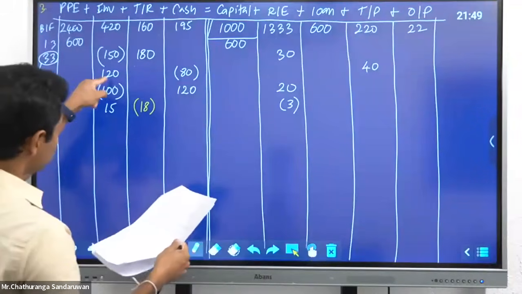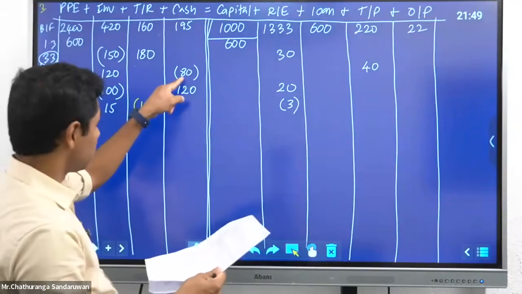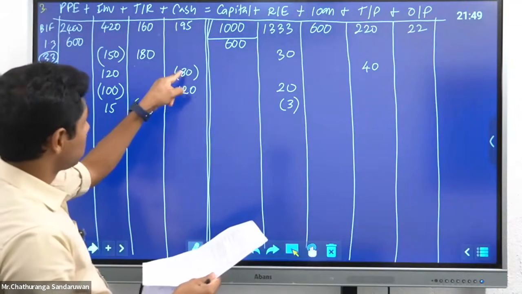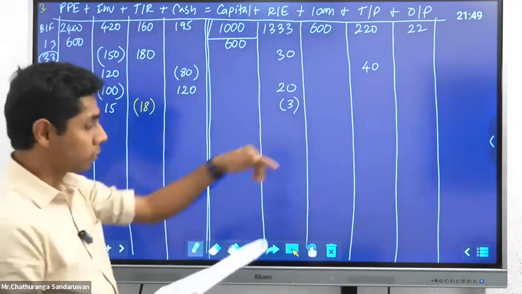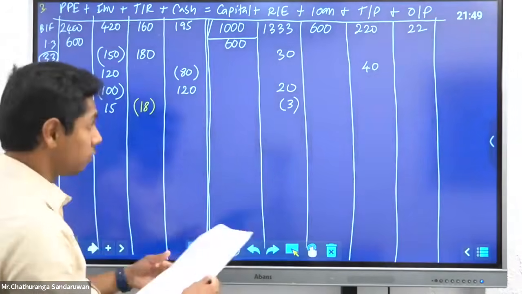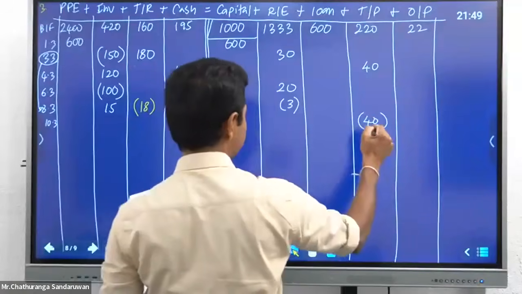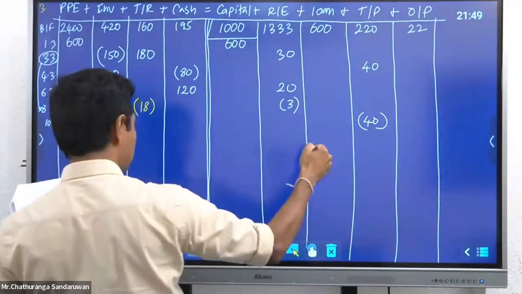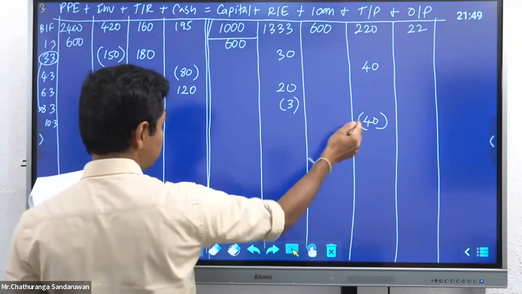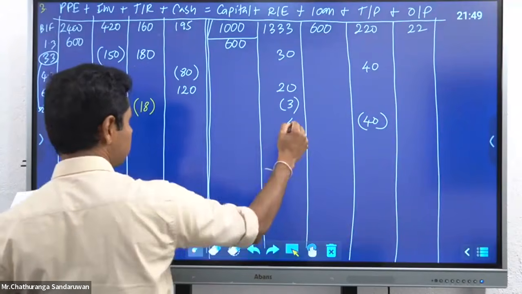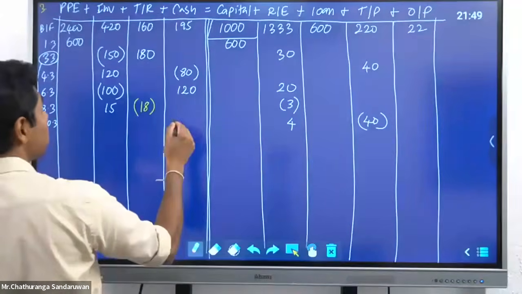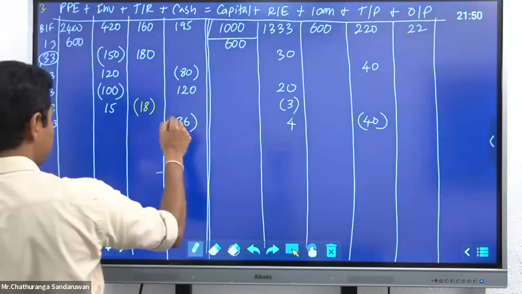Inventory costing 120 was purchased by paying 80. This one, right? But the payable balance is 40. So that is settled at 10% cash discount. So deduct 40 from here. And we have got 10% cash discount, that is discount received. 4 should be added to the retained earnings. Therefore, we are paying 36. Deduct cash by 36.